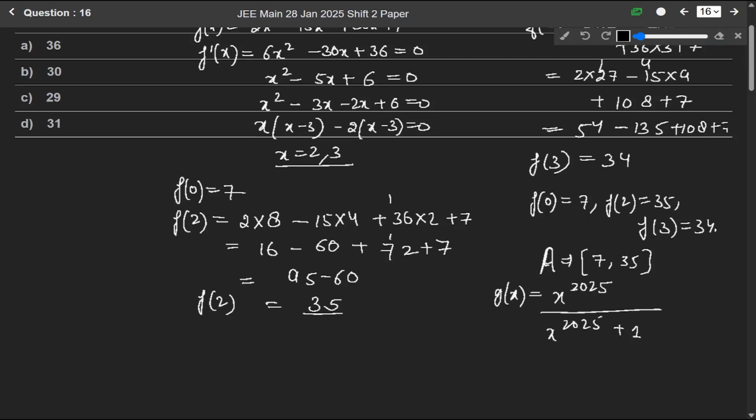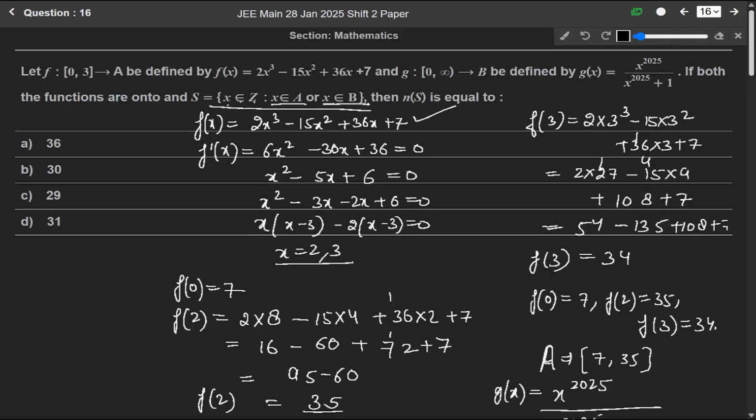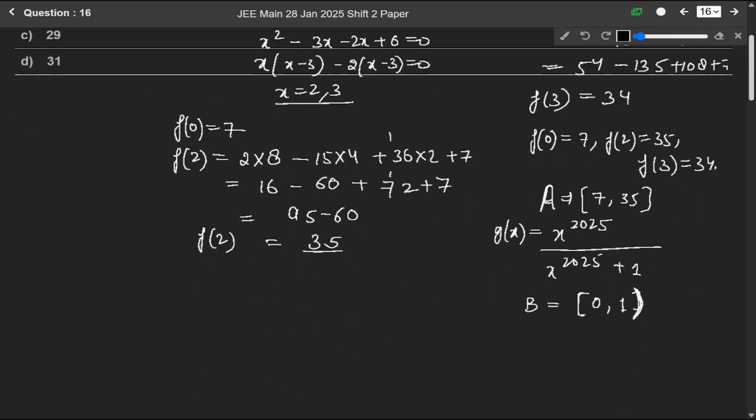So if we use this interval 7 comma 35, using it we get b is equal to 0 comma 1. Okay, b is a close bracket and 1 is an open bracket. So 0 comma 1 will be the interval for this b. So this s will be equal to [0, 1) and [7, 35].